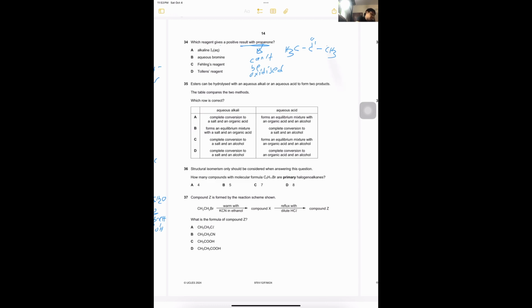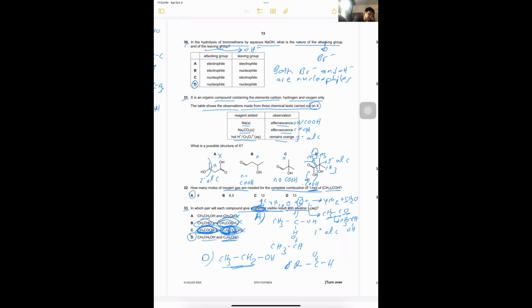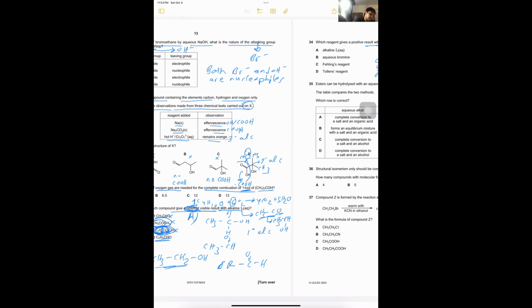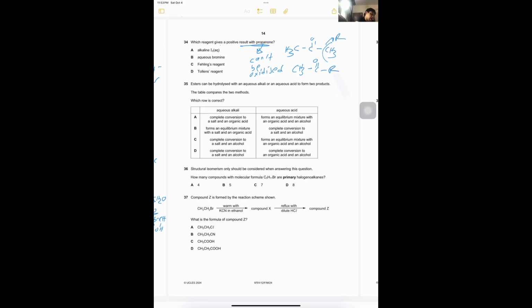So it cannot be oxidized, but it does react, because if we consider this to be an R group, it has a CH3CO group, as in the previous question we were talking that is when it will give a positive result with iodine. So it has this group, so it will react with alkaline iodine, and it won't react with the other three reagents because it cannot be oxidized, as I've just told, because ketones cannot be oxidized.